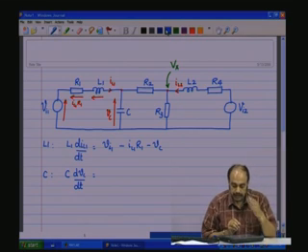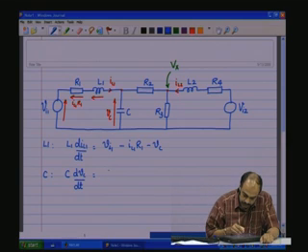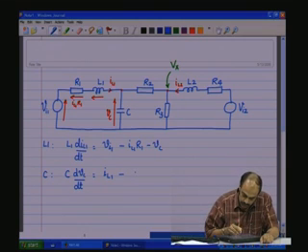So, with this intermediate variable being put there, we have the current through C, which is IL1 minus the current through R2, which is Vc minus Vx by R2.